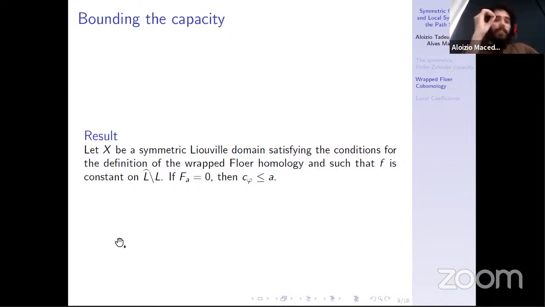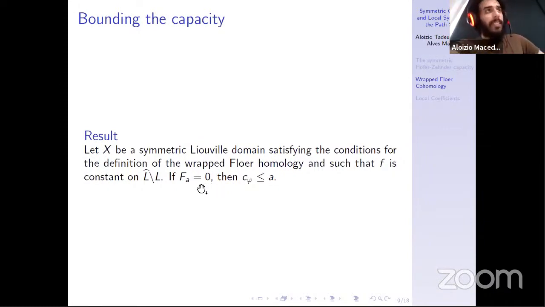But in any case, we have the canonical class in the cohomology of the Lagrangian, and we look at who this canonical class is in the wrapped Floer homology when we filter it by the action, by those orbits that have action greater than or equal to minus A, or smaller than or equal to A, depending on your sign conventions.